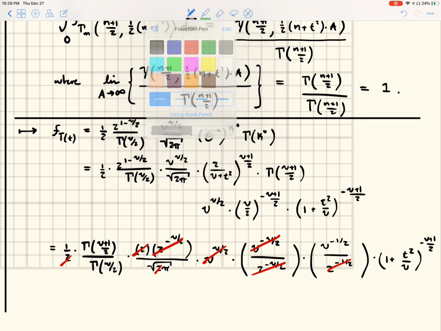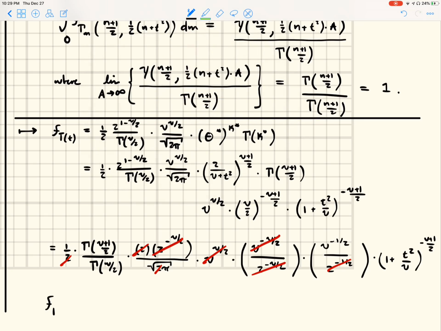And that allows us to arrive at a definition for the student t distribution function, which has this nice form, which we'll use in the next section.